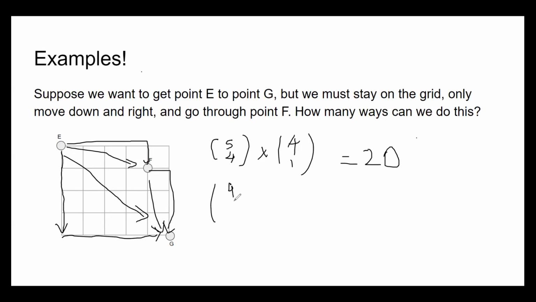So 4 plus 5 is 9 total moves. Then 9 choose 4, again using that same method, is equal to 126. So 126 minus 20 is equal to 106. That would be the number of paths from E to G not passing through F.